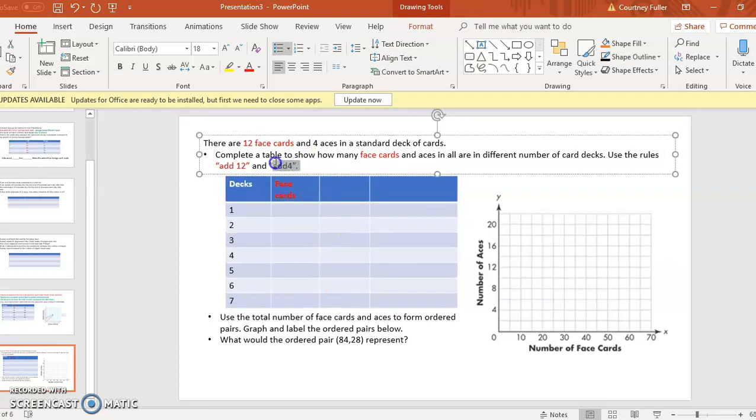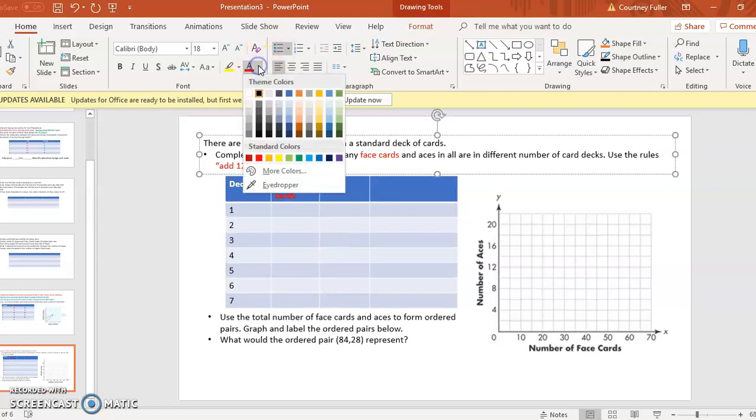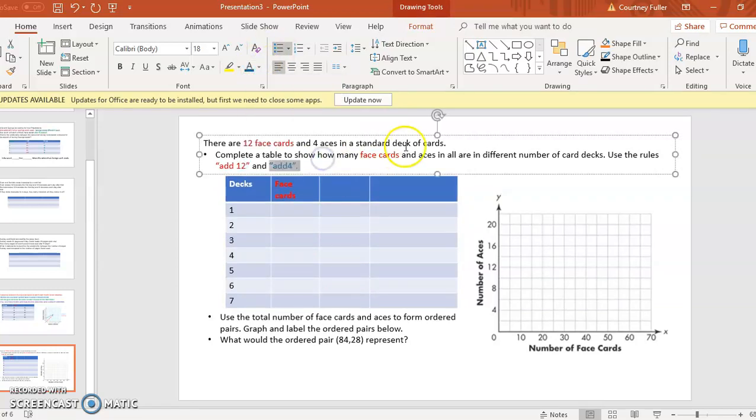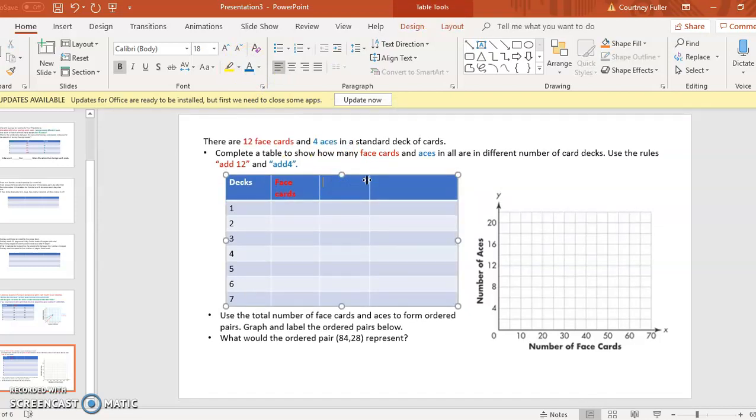We are going to use the rule add 4 for our aces, because there are 4 aces in a deck. And I have an extra column over here. This will be for our ordered pairs eventually, but that's actually in part B of this task. So we're not going to worry about that column right now.